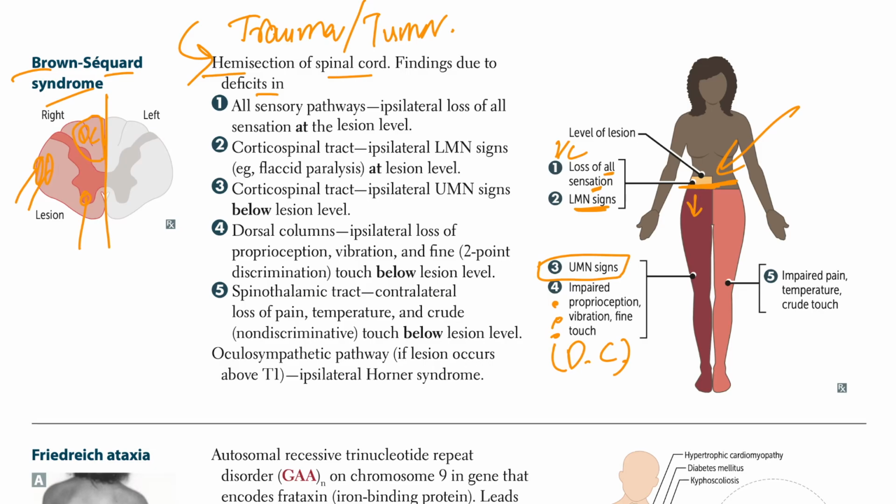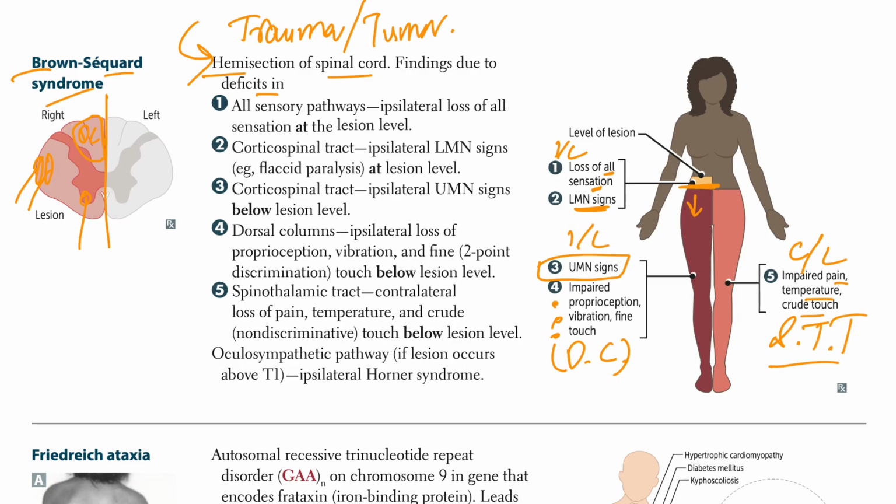But on the contralateral side, why are we saying contralateral side here and ipsilateral here? Because the spinothalamic tract, which gives pain, temperature, crude touch, decussates as soon as it enters the spinal cord.